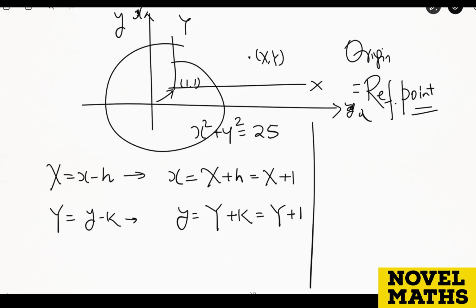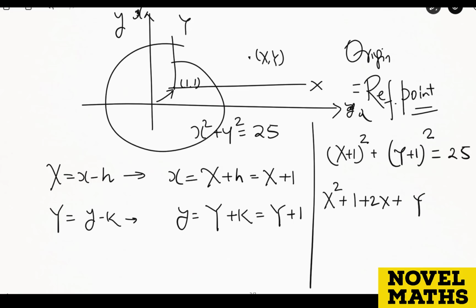This becomes (x plus 1) whole square plus (y plus 1) whole square, this is 25. You can take this out. You can expand it also: x square plus 1 plus 2x plus y square plus 1 plus 2y, or x square plus 2x plus y square plus 2y, 1 and 1, so this is 23.